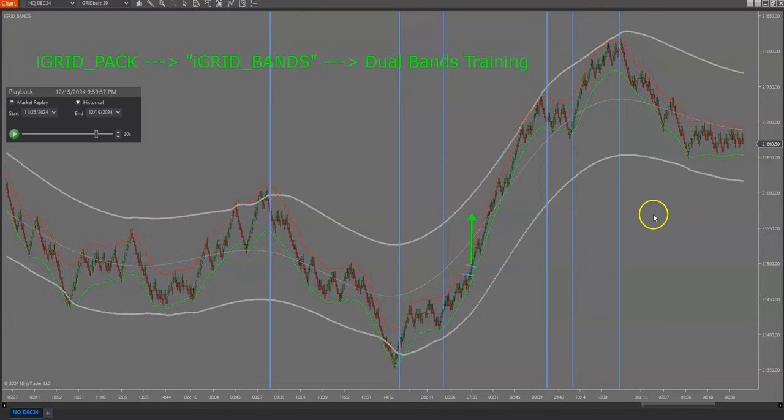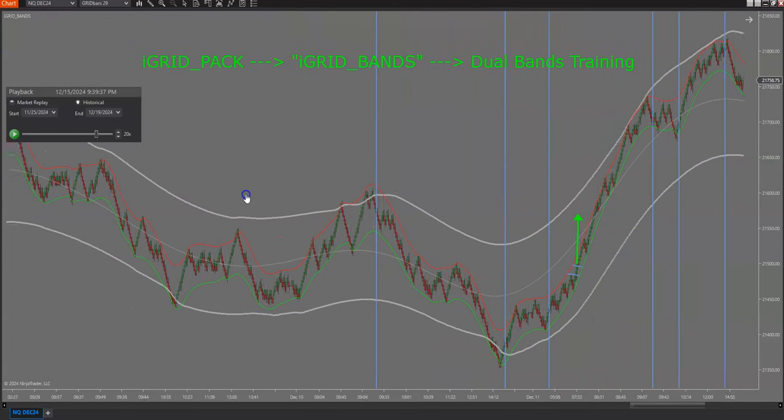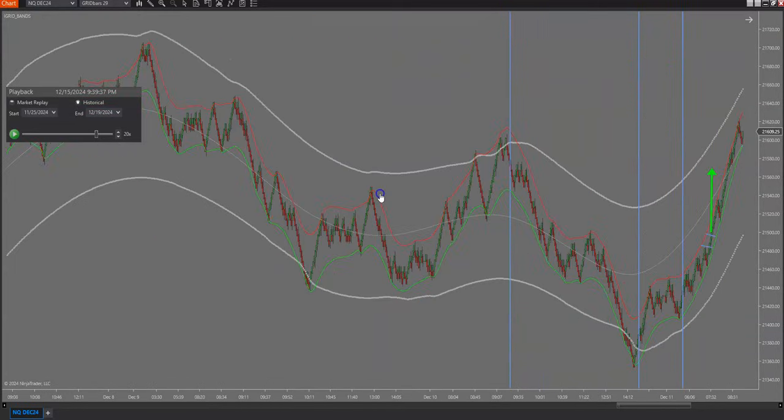A second type of trading is looking for pullbacks in uptrends or kickbacks in downtrends. So let's go over here a little bit. Here's a market where the main bands were up. Now the main bands are rotating downward.